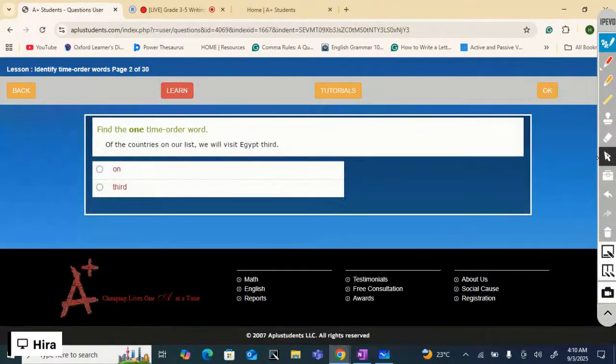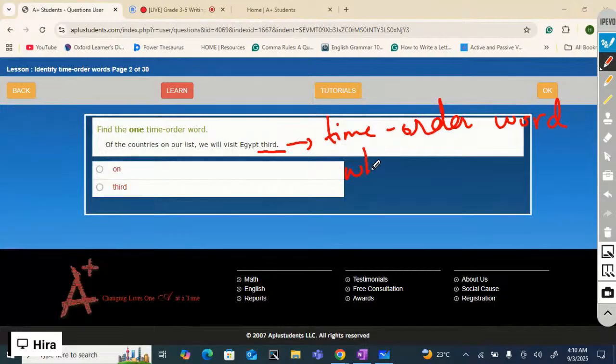The next one, of the countries on our list, we will visit Egypt third. Now, if you look at it, third is the word, it's a time order word which puts things or events in order.